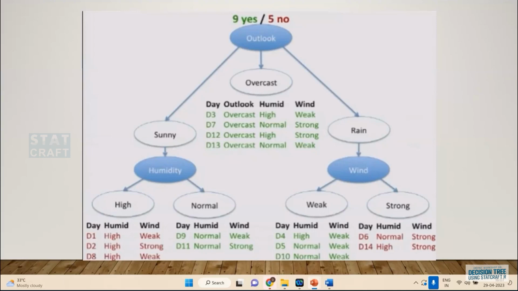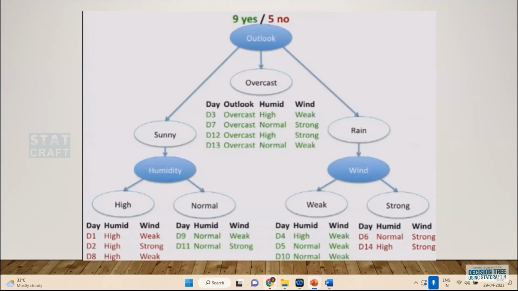Now, this is also known as a greedy algorithm. Greedy algorithm means it will go for infinite divisions. If you don't control it, it is like a bushfire in the data set. It will go on dividing.